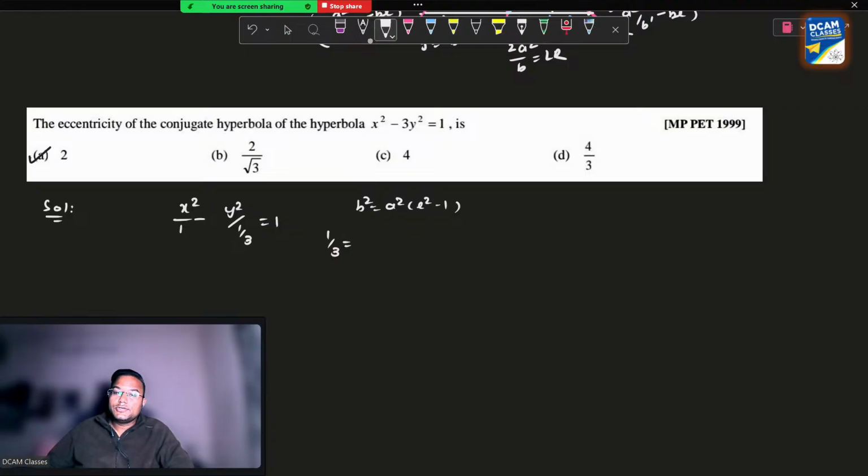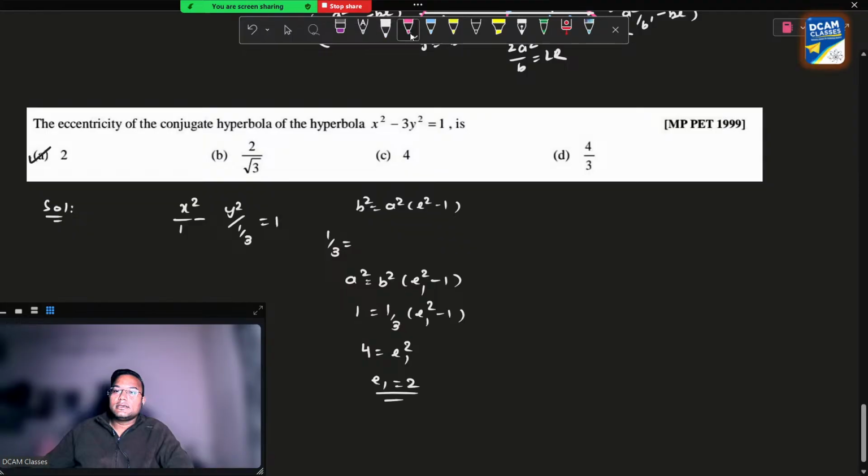For its conjugate, what would be the relation? A square is equal to b square into e square minus 1. 1 is equal to 1 by 3 into e square. That only you would have done, no? 3 plus 1, 4 is equal to e1 square. That e1 is equal to 2.